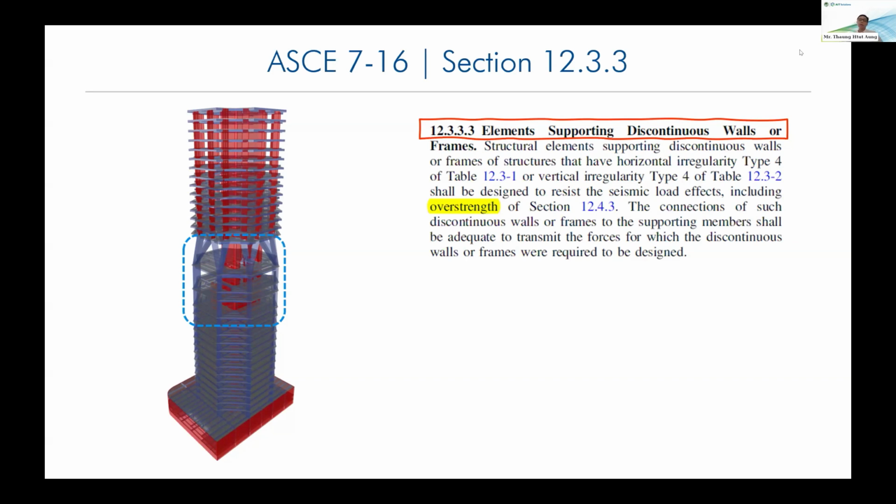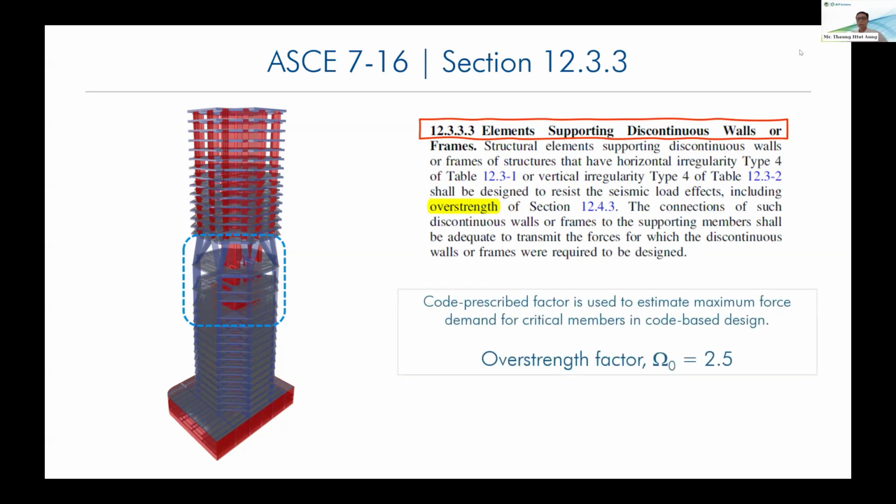When we test the actual strength in the lab, the actual yielding strength of rebar will be larger than the strength that we use in our calculation. So those overstrengths altogether will provide the additional strength in our structural members. So that overstrength effect is considered with the overstrength factor omega, which is about 3.